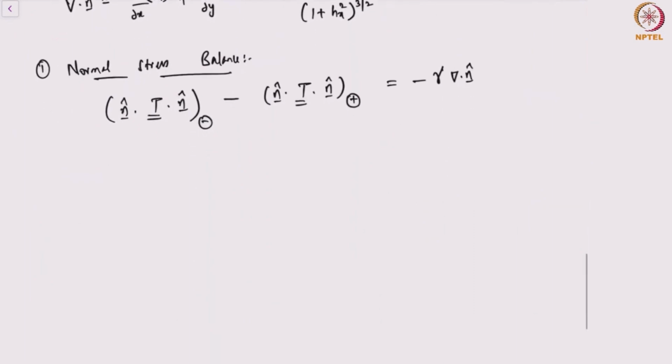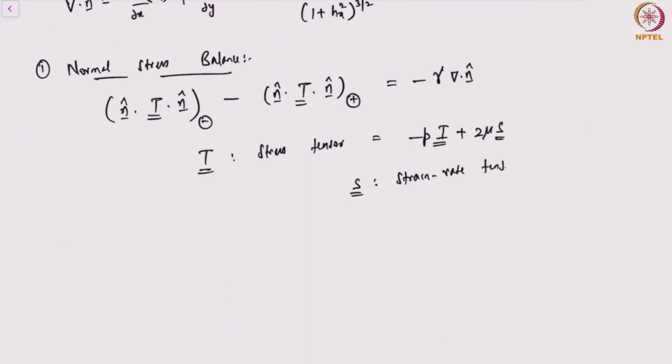So let's also define what is this T. T is the stress tensor, and this is nothing but it has a pressure part plus a strain rate part or the viscous part. Okay, so S is the strain rate tensor and I is the identity tensor.